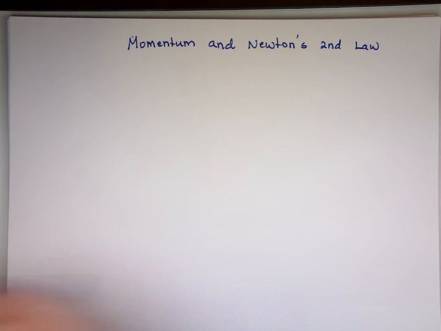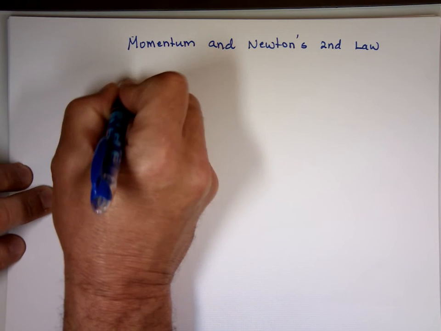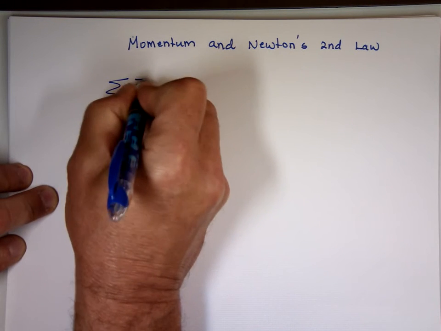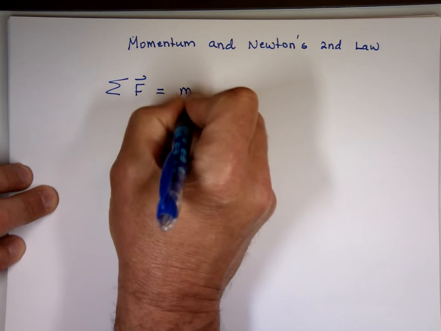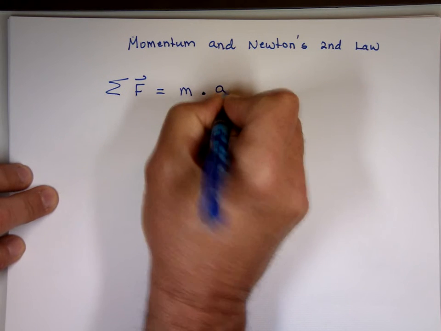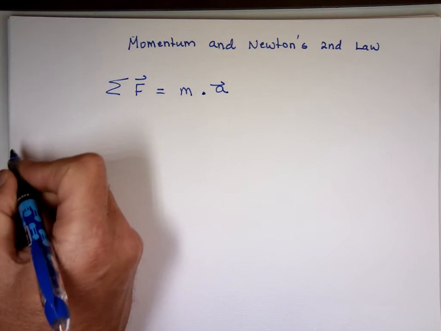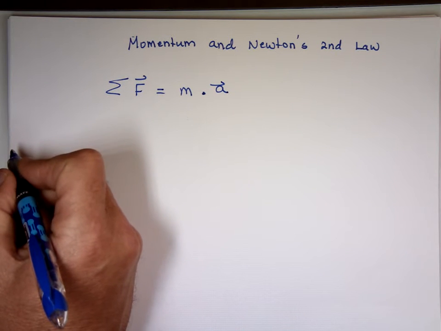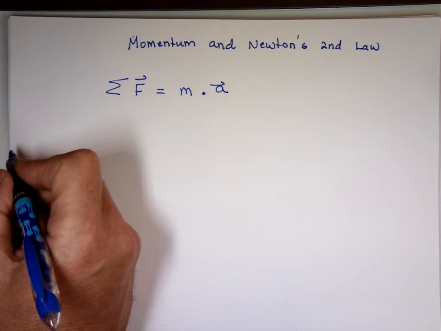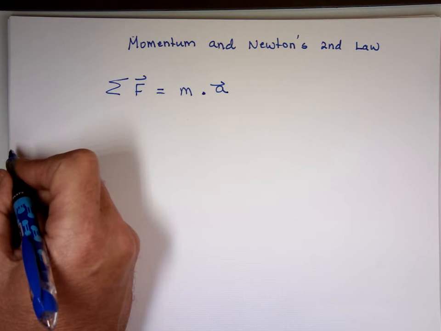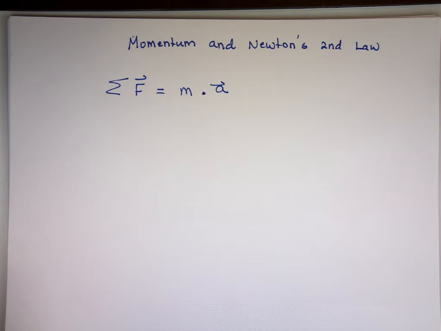If you remember, Newton's second law says the net force equals mass times acceleration. How do you find acceleration? What's acceleration? Isn't acceleration change in velocity over change in time?